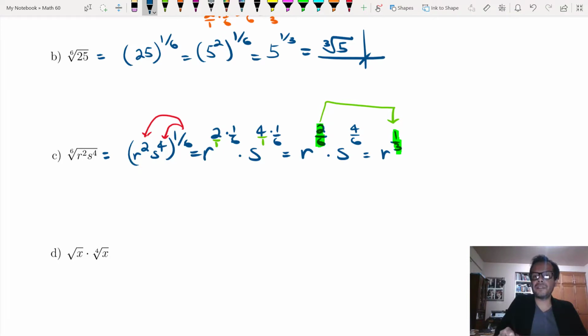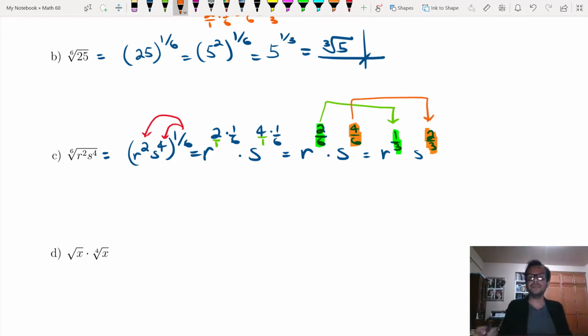The power of s, which used to be 4/6, reduces to 2/3, all right? And I'm going to highlight this using orange, and point it out with the same color, orange.